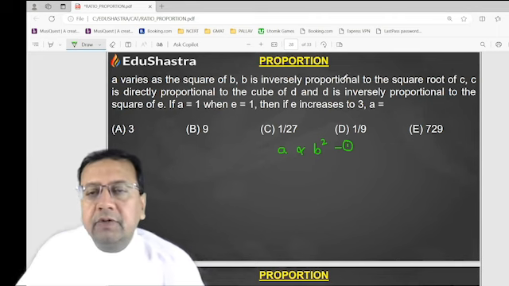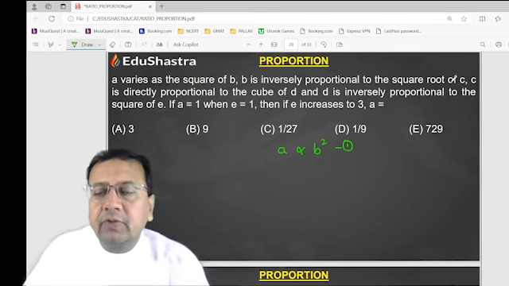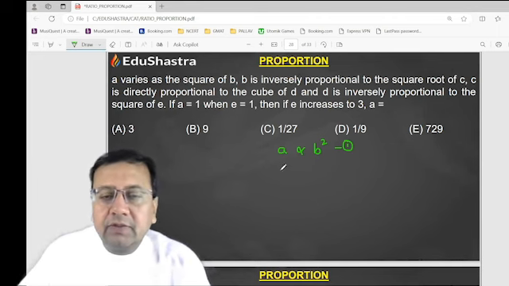B is inversely proportional to the square root of C. So B is inversely proportional to what? Square root of C. And this is my second.